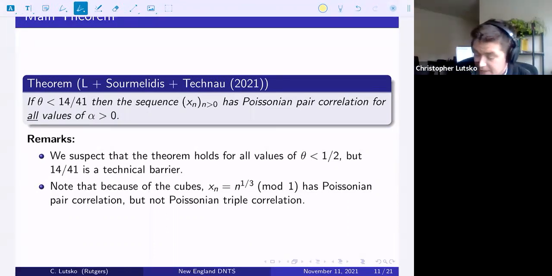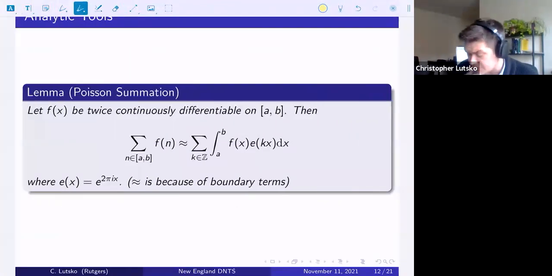Now the proof, as I kind of advertised, uses some more analytic techniques. So I'm going to briefly introduce those before getting to the proof. So the first analytic technique, which some of you are probably very familiar with, is Poisson summation. So if I have a sum of the function f(n) between a and b, well, that's equivalent to the integral of the function times e(kx).